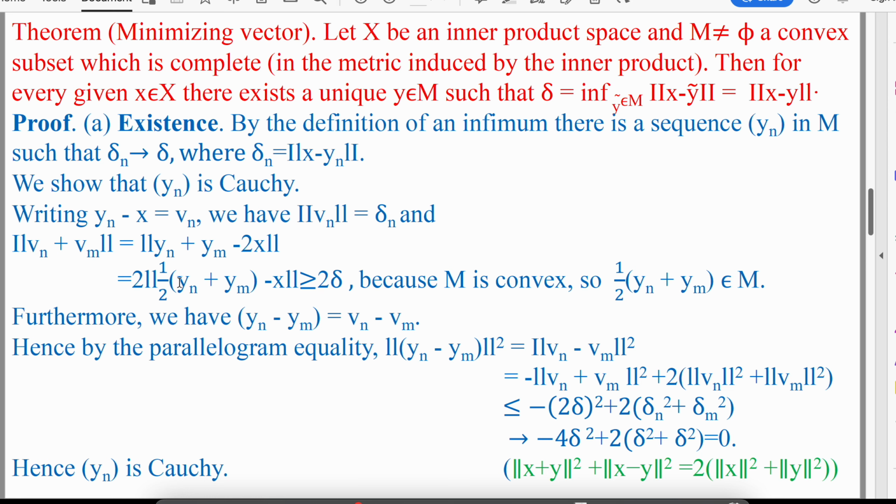So by convexity and by the definition of infimum, the norm of half of yn plus ym minus x is greater than or equal to delta. This is by definition, because if yn is in M, then norm x minus yn is equal to delta n.